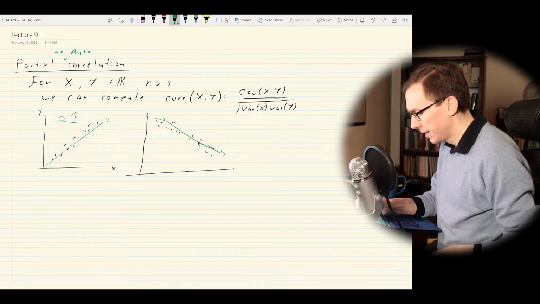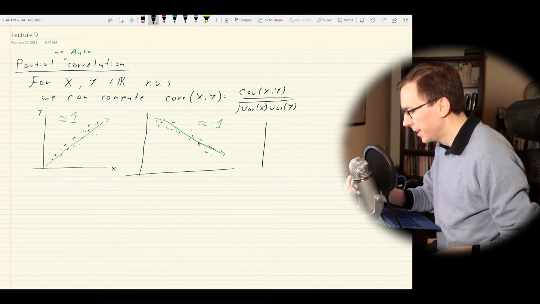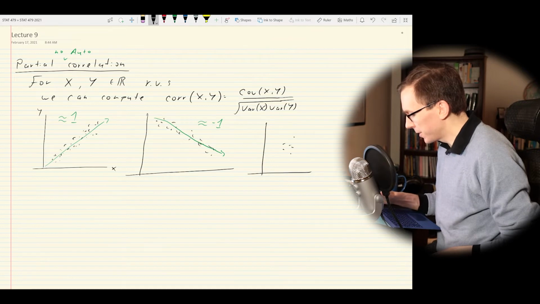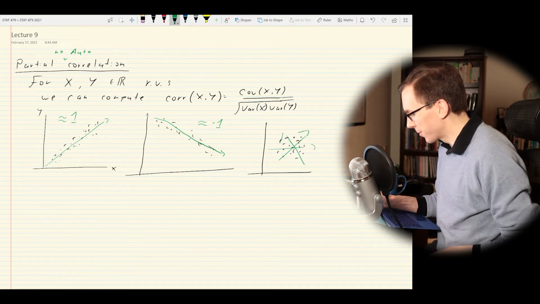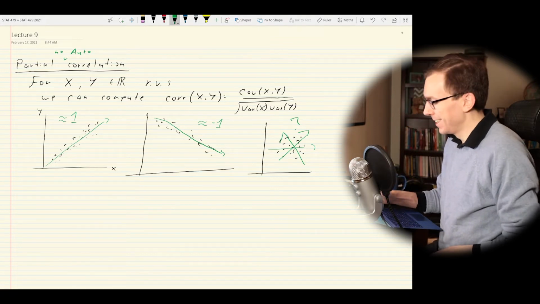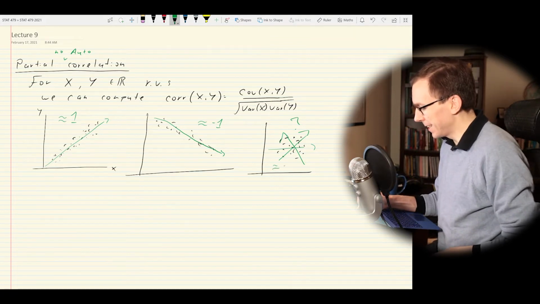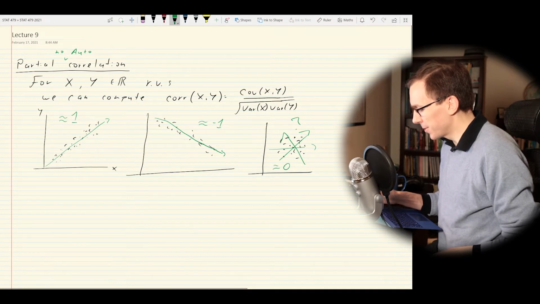This might be close to 1. This might be close to -1 because we're going in a negative direction. And then, of course, we could have the setting where we just have a bunch of points in a circle, and then we don't really have any good way to go through it. There is no obvious trend line that is going through it, and there we would have a correlation close to 0.